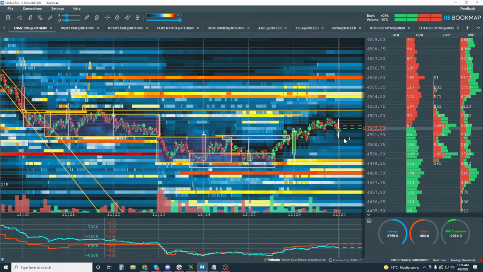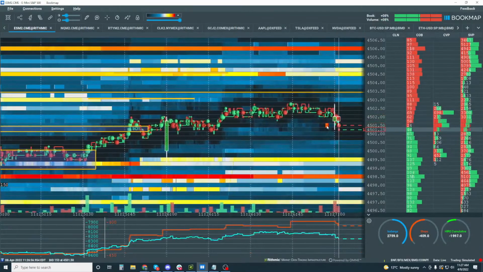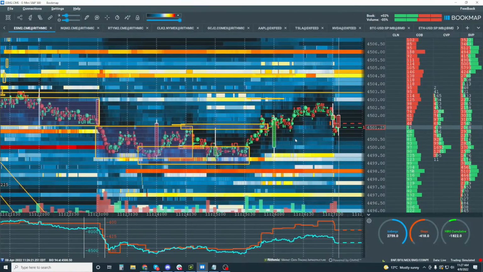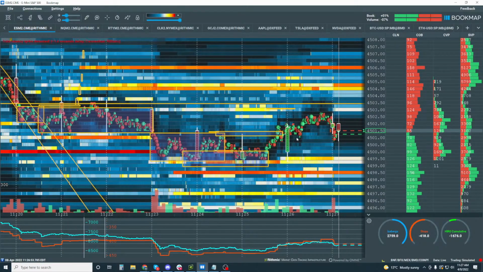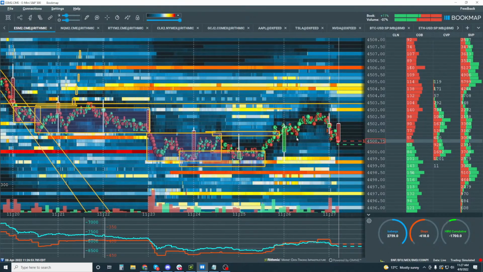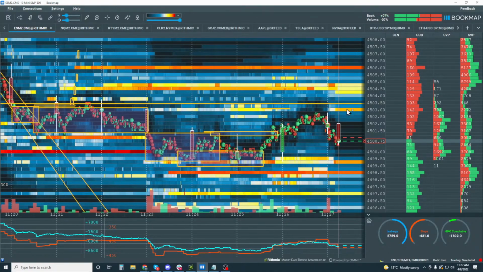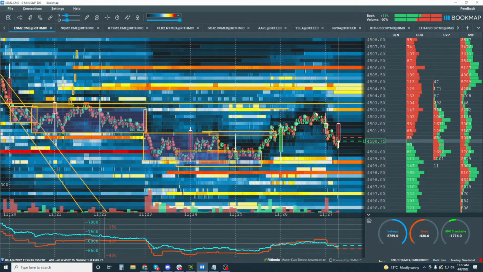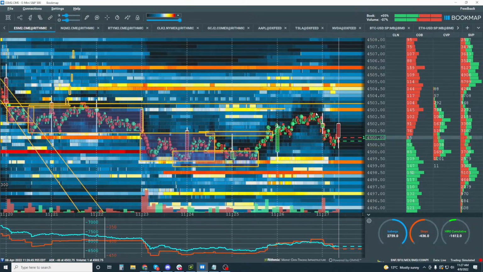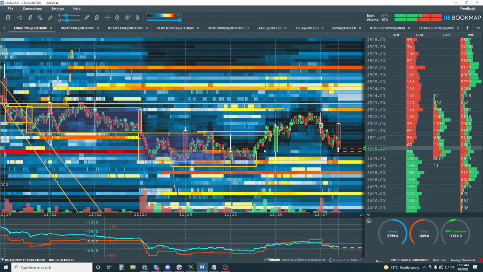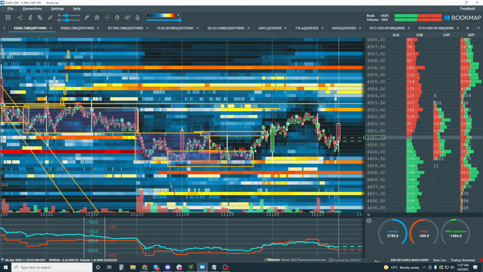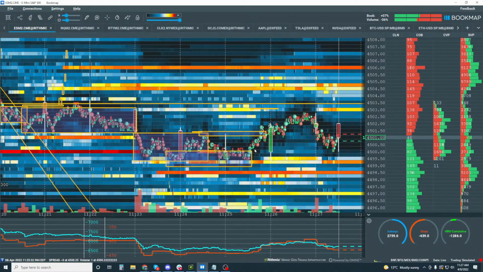There's more demand at 01, short-lived. Okay, retest to where these buyers came back in. Let's see if we get buyers again.